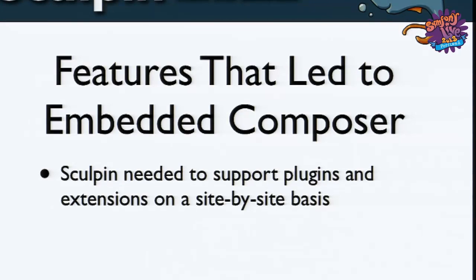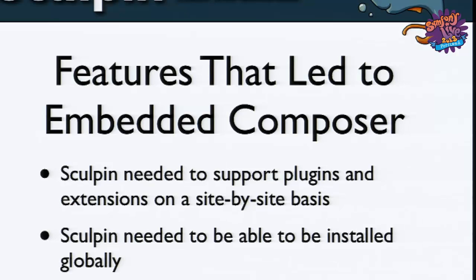Another site, maybe you have some CMS content somewhere and you want to create a custom data source and create a static site based around some products in a CMS database somewhere. And finally, Sculpin needed to be able to be installed globally. I wanted something like Composer, where you run the installer, get a PHAR file, run it. And I just really wanted it to be super easy so that people wouldn't have to monkey around with getting Composer first and all these other things.